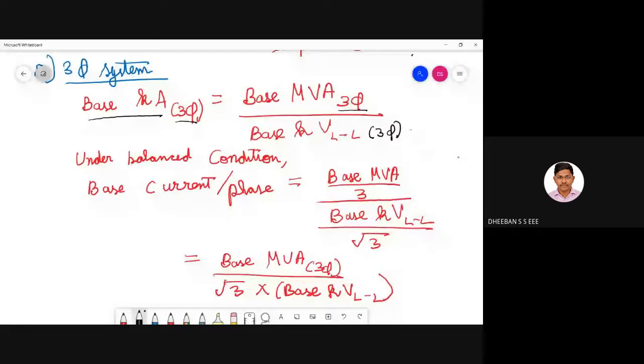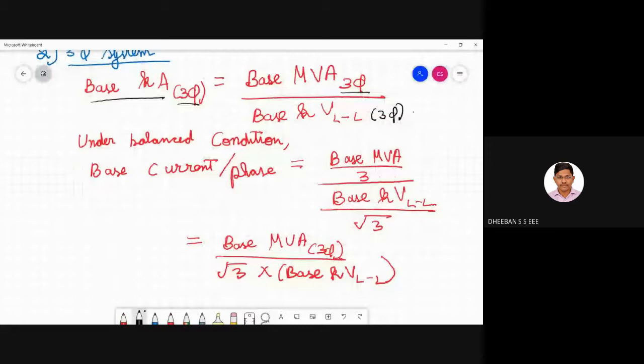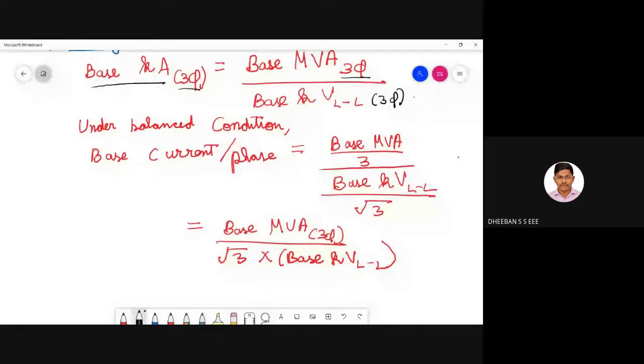Now under a balanced condition, if you want to find the base value for a single phase, this is the confusion which was raised yesterday. The formula is base MVA divided by 3, but in case of your line voltage, you divide by root 3.